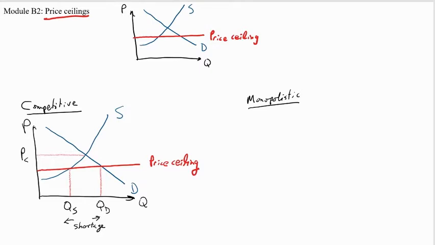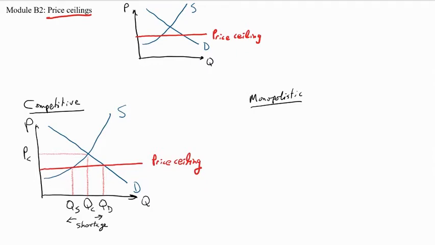And we can also draw in the quantity that we would have with competitive market conditions. So what has happened now is the price ceiling has reduced the amount that sellers wish to produce and sell, but it's increased the amount that people wish to buy. The result is a shortage in this marketplace, but at the same time, those who are able to obtain the good are able to get it for a much more affordable price.